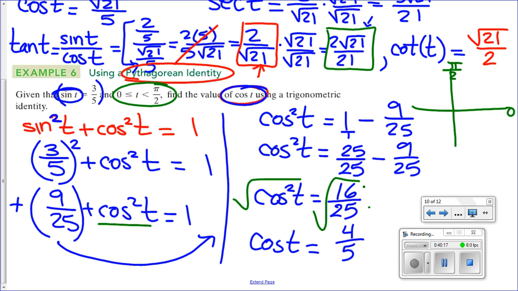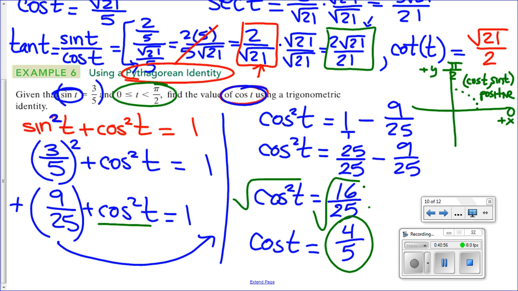So that means that our angle needs to be somewhere here, okay? So in this case, will the x and y be positive? Yes, right? X is positive, and the y is positive. So in this case, the cosine for that angle and the sine for that angle are both positive. So because of that, we will only take the positive 4/5. Okay, so we only take the positive square root of 16. Remember, we don't do the plus minus thingy.